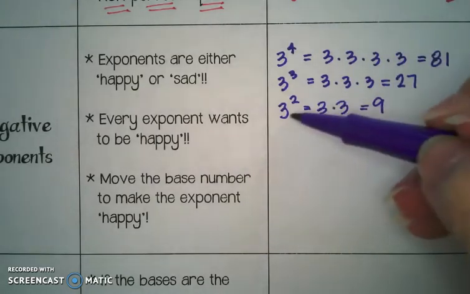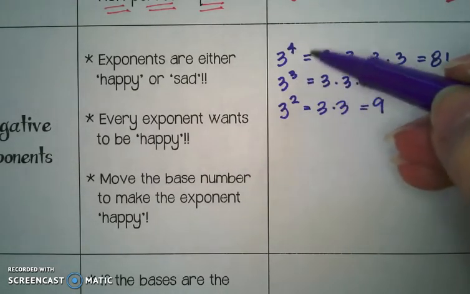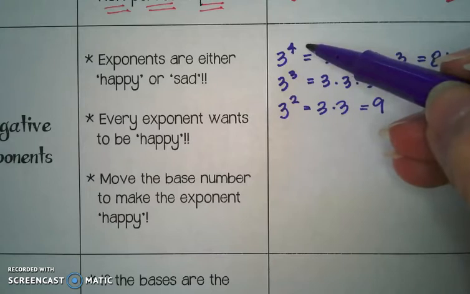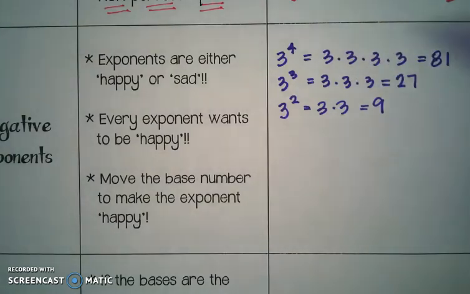So every time we add a number to our exponent, we are multiplying by one additional 3. So to get from here to here, we multiply by 3. To get from here to here, we multiply by 3. So when we go backwards, what we're doing is dividing by 3.